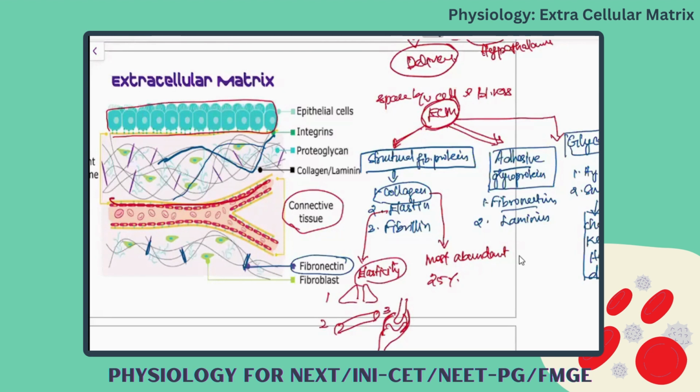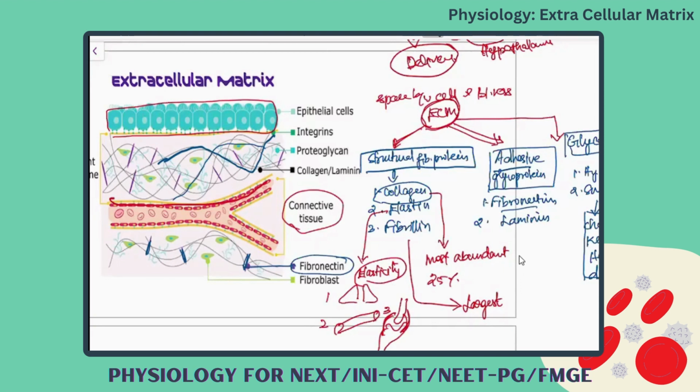And the third one is fibrillin. This fibrillin is the largest glycoprotein. Remember, the most abundant is collagen, and the largest glycoprotein is fibrillin.